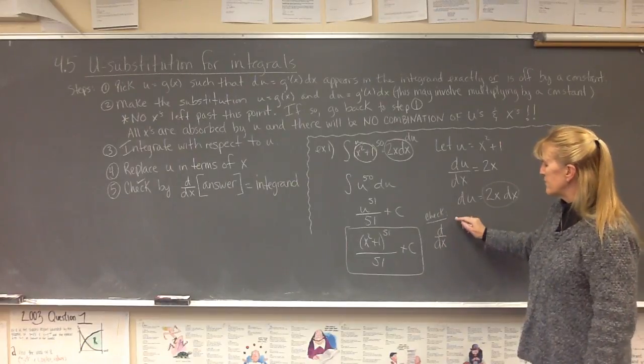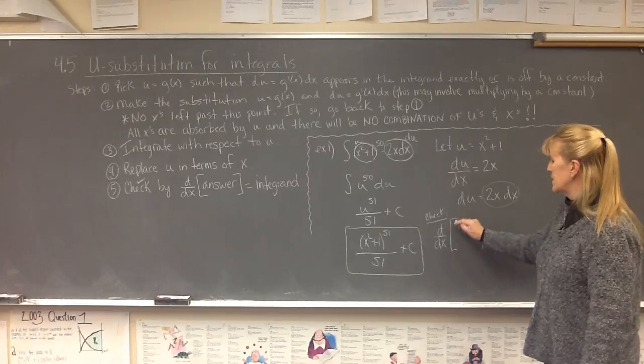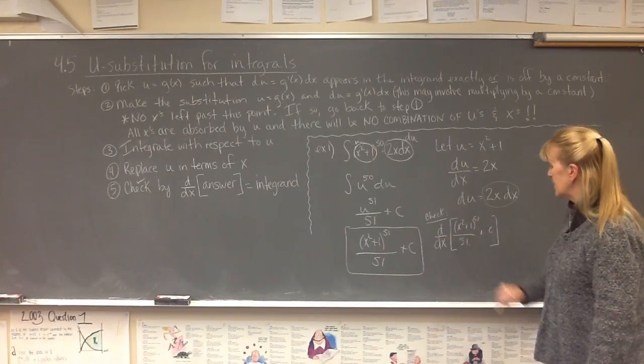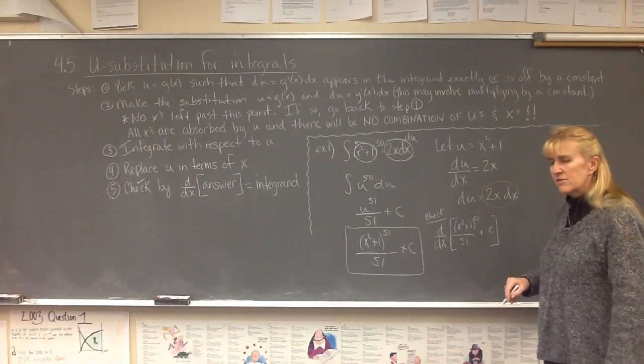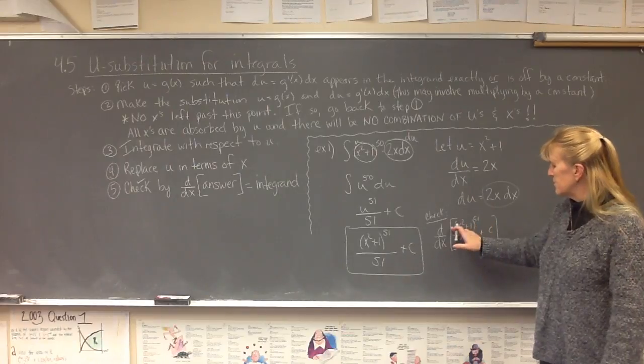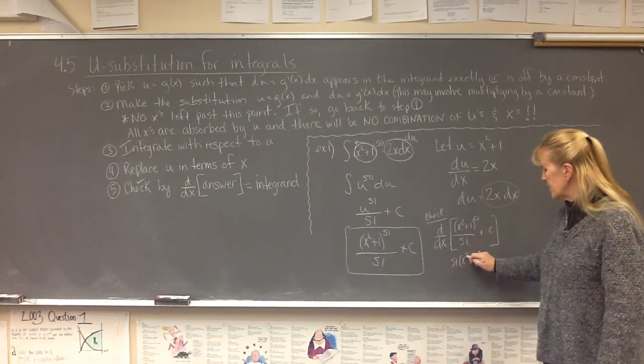I'm going to take the derivative with respect to x of this thing I boxed, x squared plus 1, quantity to the 51 over 51 plus c. And I'm going to take this derivative with respect to x. The 51 will come down, this is a power rule, 51 will come down, be a multiple outside of your x squared plus 1.